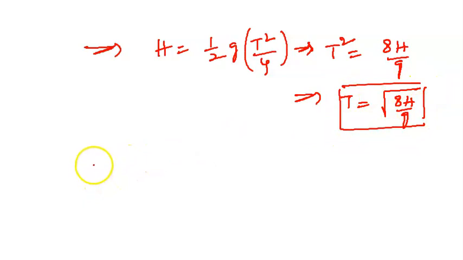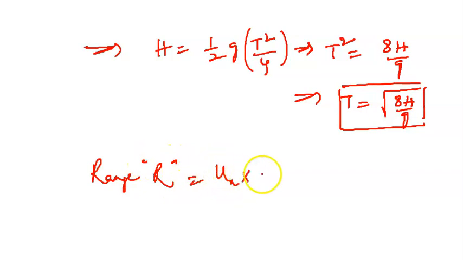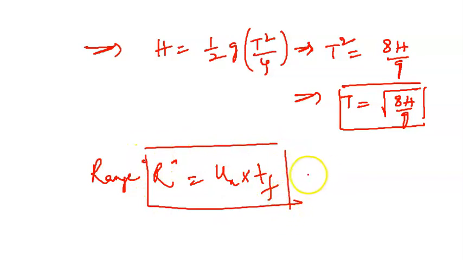Now range R is equal to the horizontal component of velocity into the time of flight. This is the basic formula. Therefore R is equal to the horizontal component of velocity u cos theta, which we don't know and are trying to use to get the value of u, into the time of flight, square root of 8H by g.